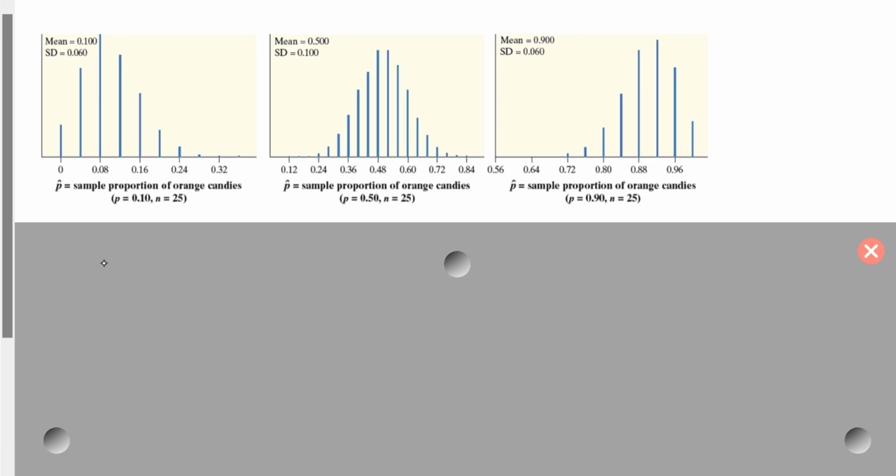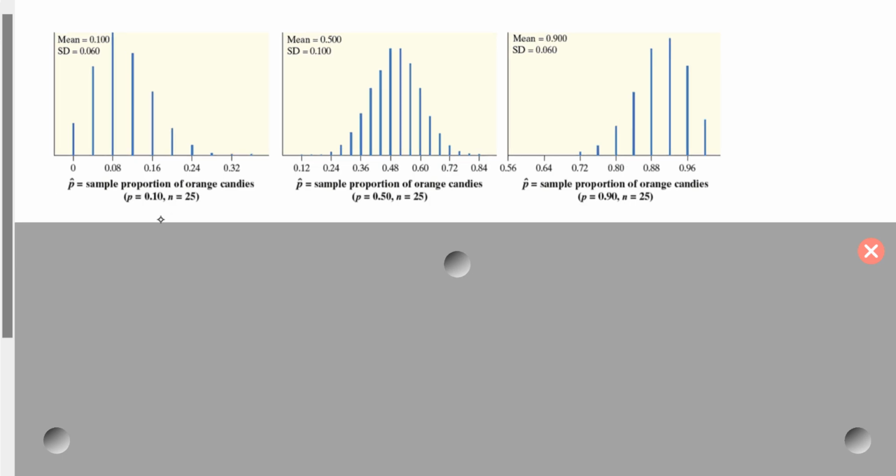If the true proportion is 0.5, the sampling proportion is going to gather around that 0.5. So the sample proportion of all these samples would also center around that 0.5. Likewise with 0.1 and 0.9.